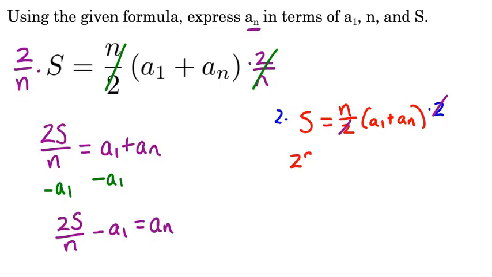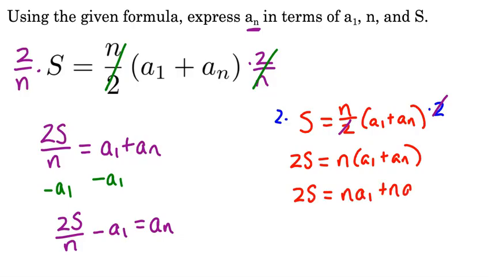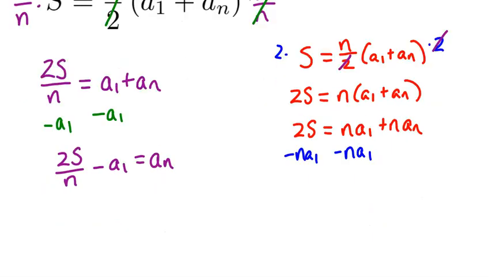We'd have 2s equals n times a sub 1 plus a sub n. And then maybe you decided to distribute, so 2s equals n times a sub 1 plus n times a sub n. Then you could subtract n times a sub 1 on both sides. 2s minus n times a sub 1 equals n times a sub n.